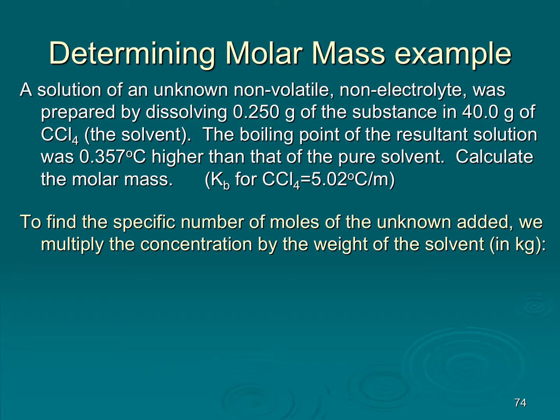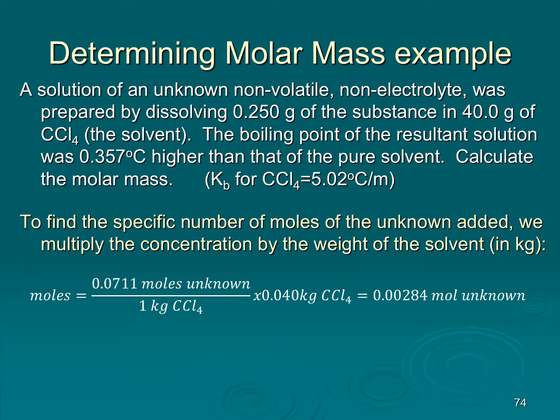We take 0.0711 moles per kilogram and multiply by the actual number of kilograms we used, which is 0.040 kilograms. You could also do a ratio: 0.0711 per 1 kilogram equals x moles over 0.040 kilograms, and you would solve it the same way. So we actually put in 0.00284 moles.